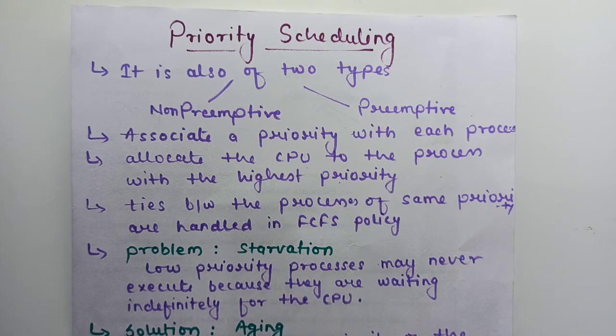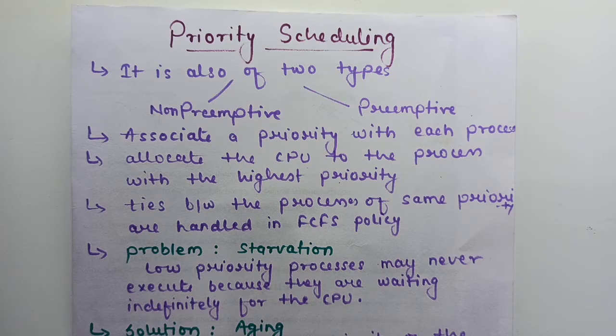So what will be the criteria? For scheduling, we will allocate the CPU to the process with the highest priority. And if there is a tie between processes having the same priority, we will handle it using the FCFS policy that we have done earlier also.